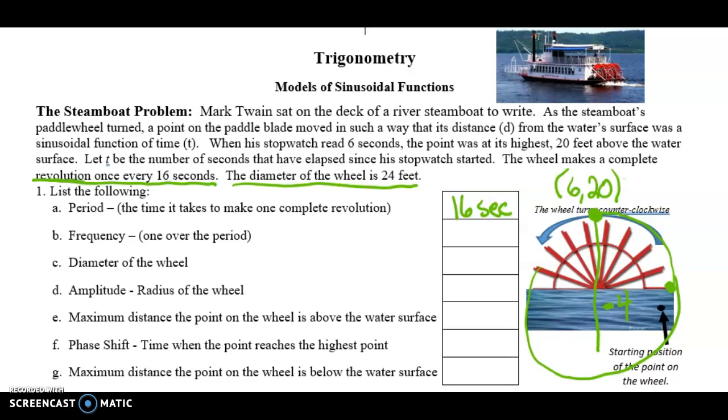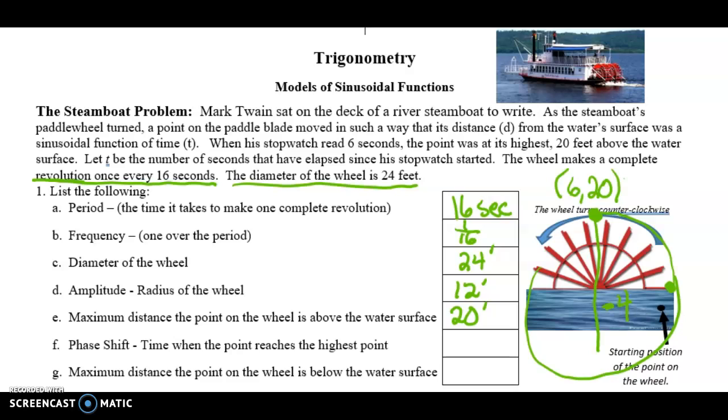Okay, the frequency is 1 over the period, so 1 over 16. The diameter of the wheel is 24 feet. The radius of the wheel is 12 feet. The maximum distance the point on the wheel is above the water surface is 20 feet.